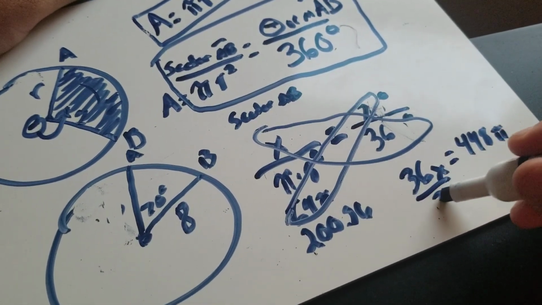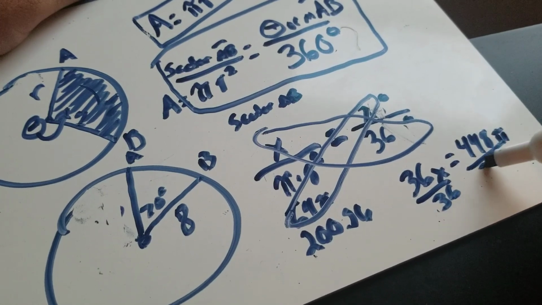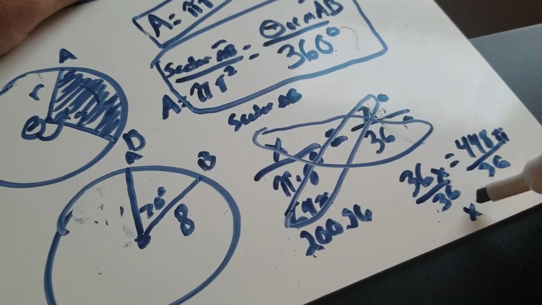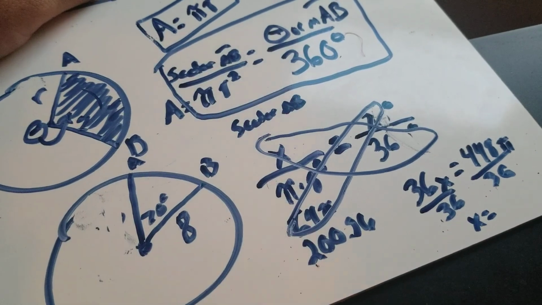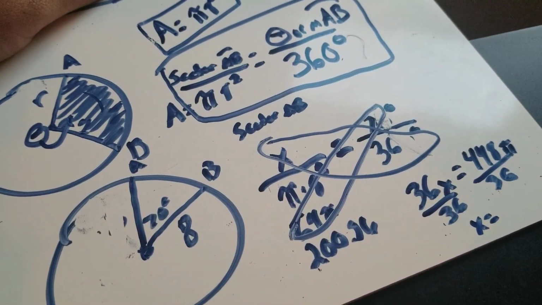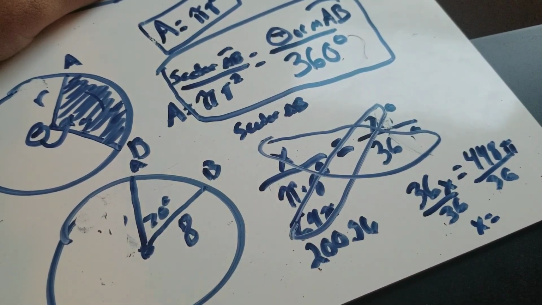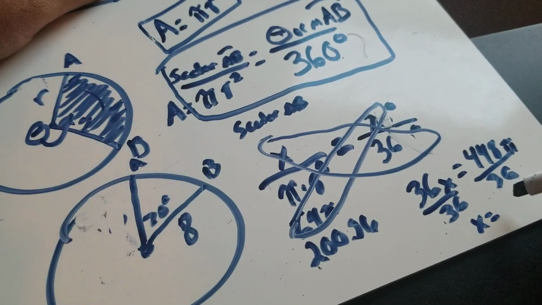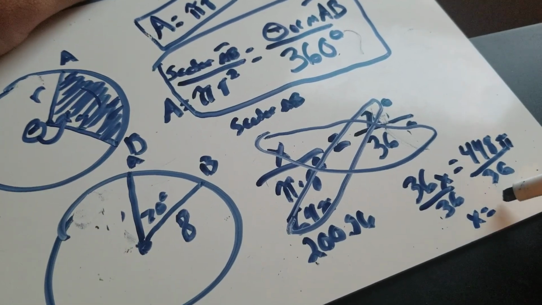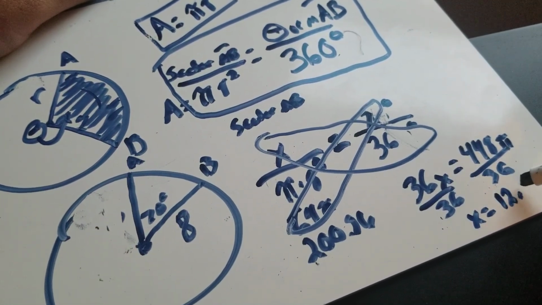Then I'm going to divide by 36 on both sides. So x equals 448 divided by 36, seems to be 12 and a third. No, 12 and 4/9. So 12 and 0.4 repeating pi.